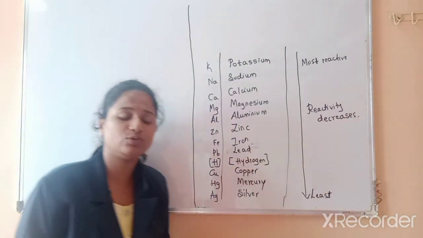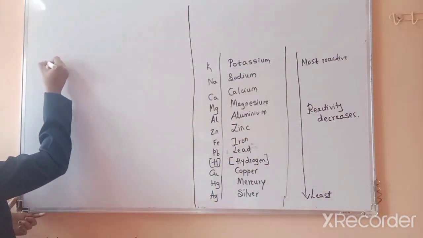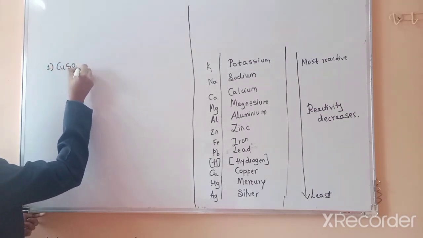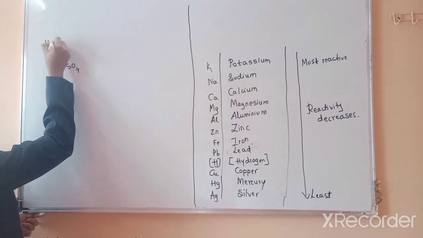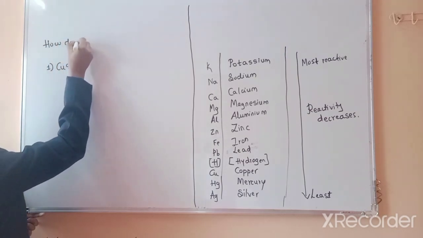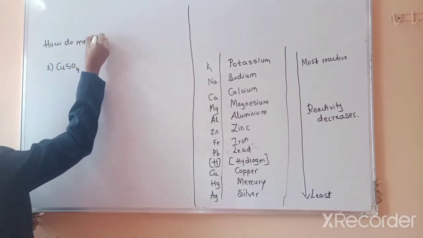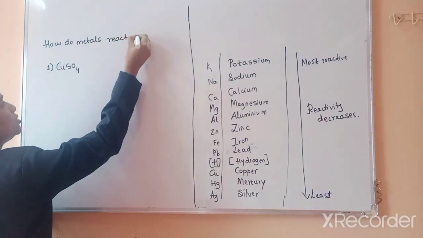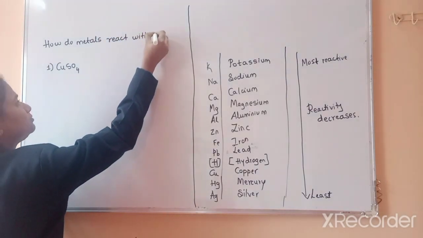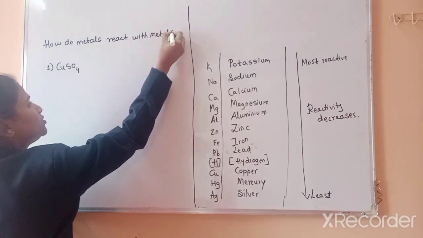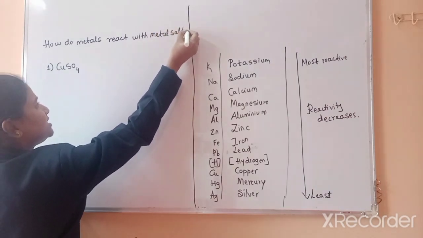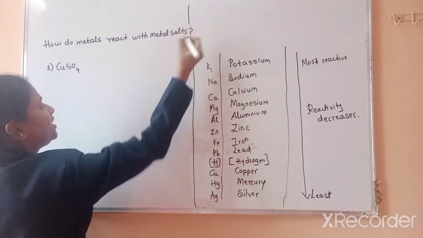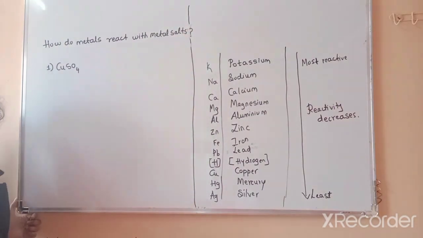That reaction we are going to write today. How do metals react with metal salts? We are going to learn today. Metals react with metal salt. By these reactions, that is nothing but the displacement reaction, we are framing the reactivity series.